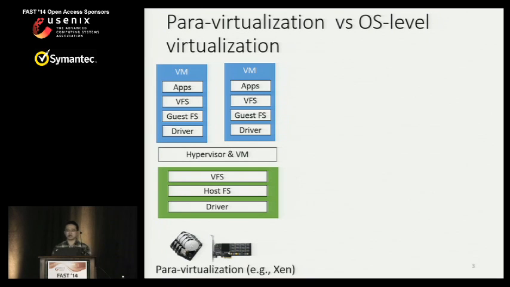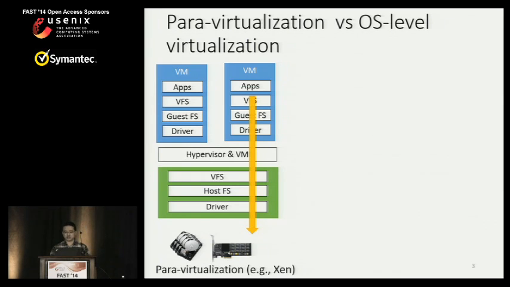The hypervisor-based virtualization exhibits poorer I/O performance, as we can see from the graph. Each I/O request from VM applications needs to go through the deep I/O stack, which consists of several redundant layers, such as VFS and file system.